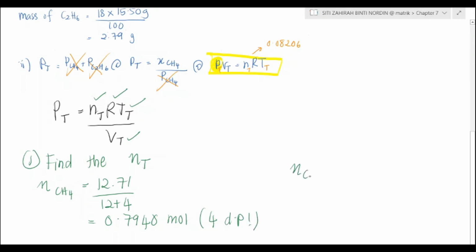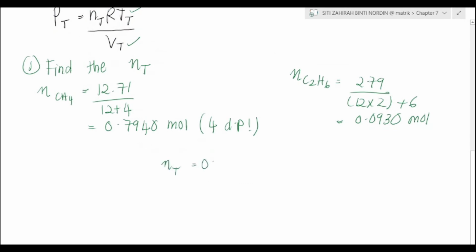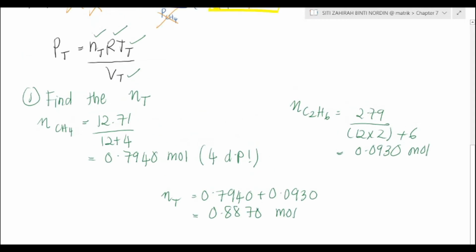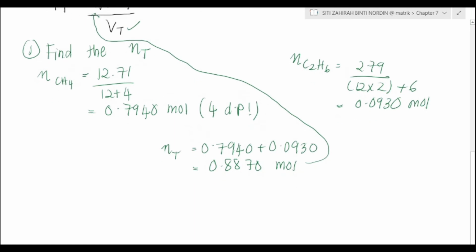Meanwhile, the mole for C2H6 would be 2.79 divided by 12 times 2 plus 6, 0.0930 mole. So your total mole would be just the sum of these two, which is 0.8870 mole.